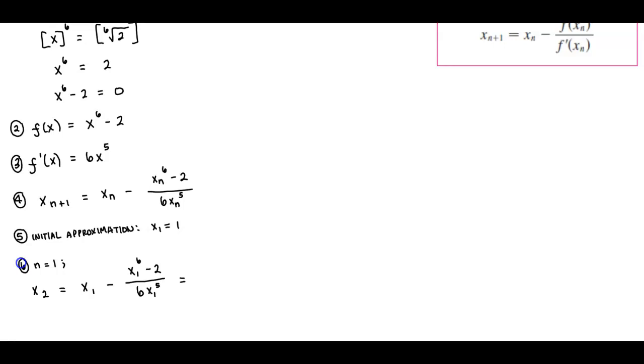So let's go ahead and put in our values. We have 1 minus 1 to the 6th power minus 2 over 6 times 1 to the 5th power. And that gives us approximately 1.16666.